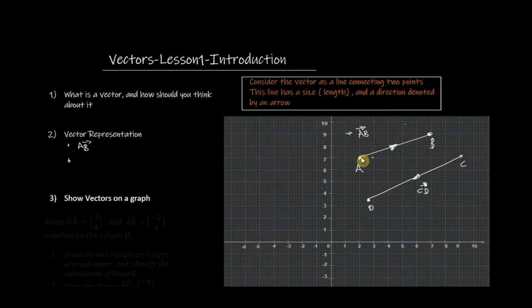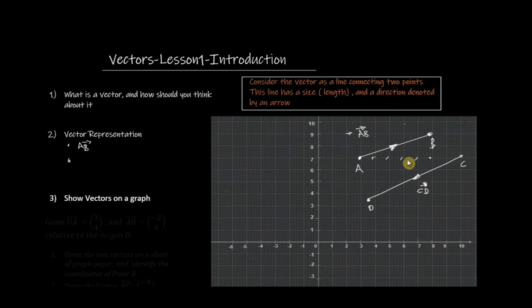So for example, if I start here at 0, I would count 1, 2, 3, 4, 5 units in the x direction, and then I could start here at 0 and count 1, 2 units in the y direction. So I have 2 components that I could use to represent the vector, an x component of 5 and a y component of 2. So as a column vector, I could write 5, 2.